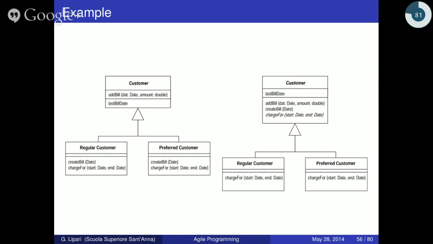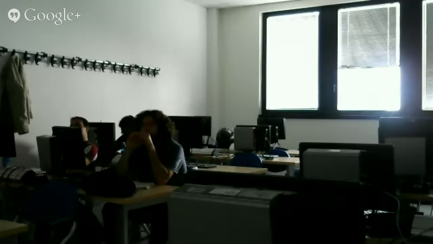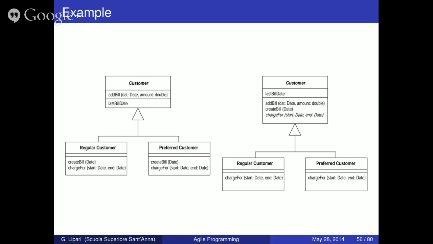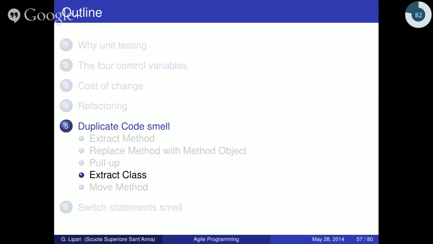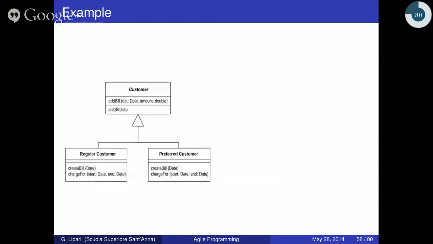And you want to generalize the two, so you are going to pull up the createBill and generalize the chargeFor. The createBill you just copy and put into customer. And the chargeFor, instead, you are going to generalize a common core that you pull up in the base class and a difference which you are going to leave in the derived classes. Okay? So the mechanics is actually quite simple.